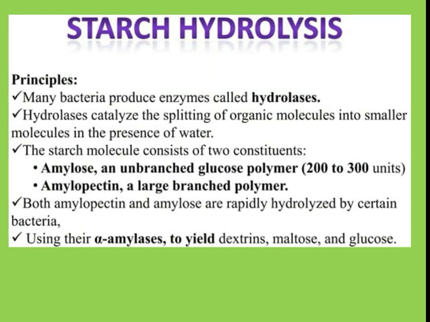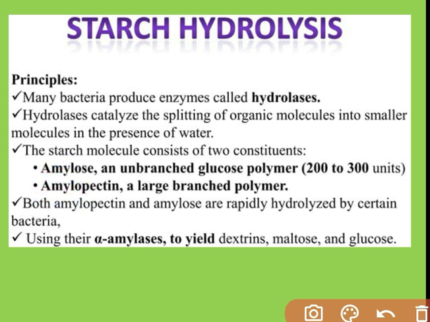Amylase is one of the enzymes in the class hydrolase, and the substrate for the amylase enzyme is starch. The starch molecule consists of two constituents: one is amylose and another one is amylopectin.